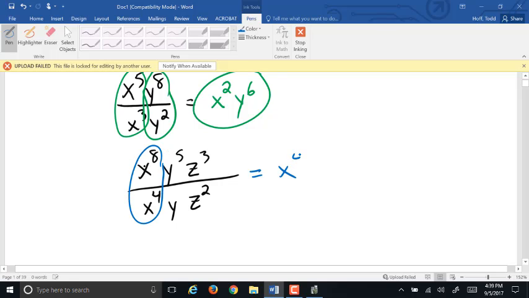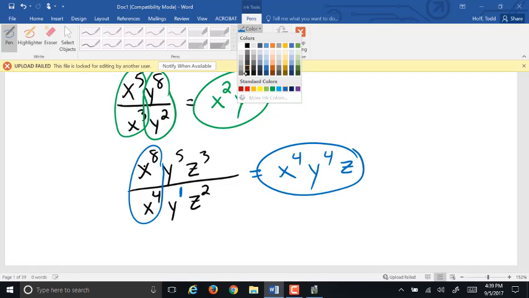Very good. 8 minus 4 is 4. y to the fourth again. We think of this as being y to the 1. 5 minus 1 is 4. And z to the 1 or just z. 3 minus 2 is 1. So z to the 1 or just z.